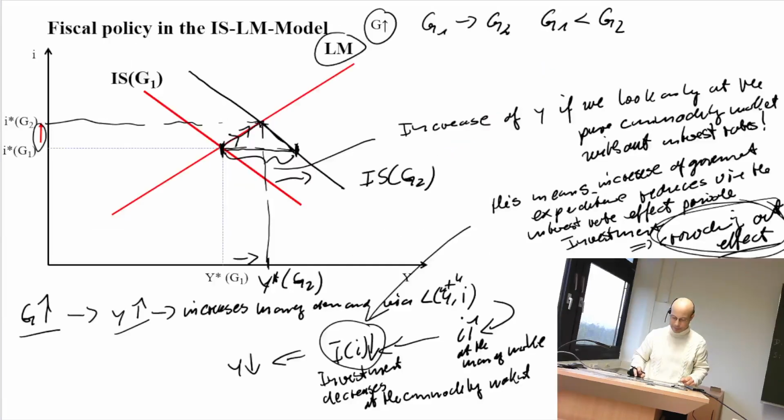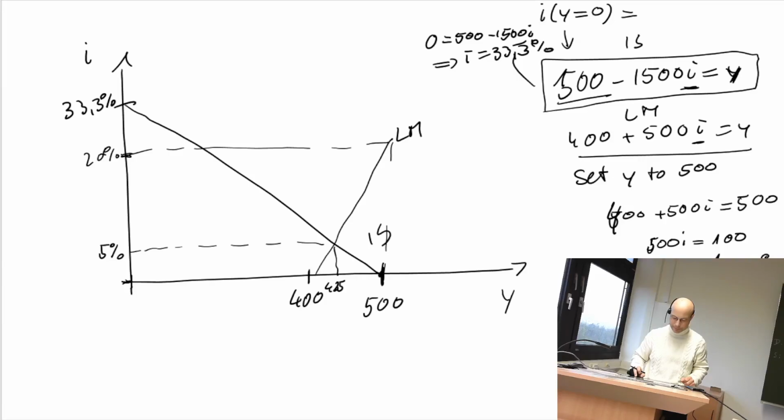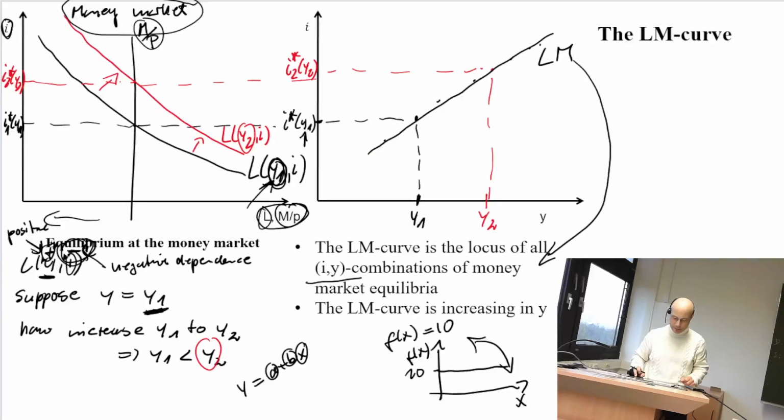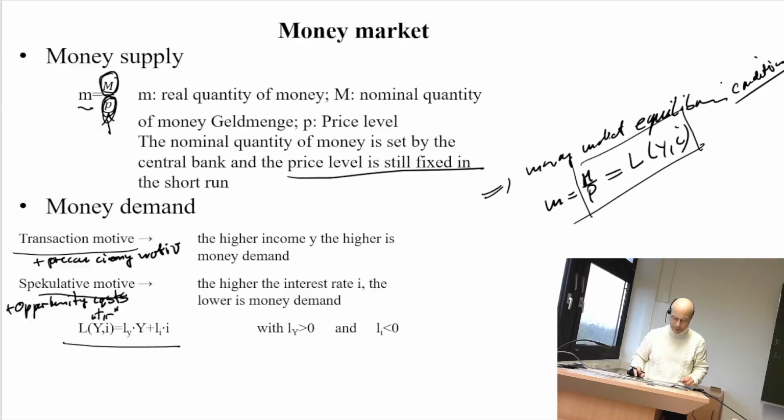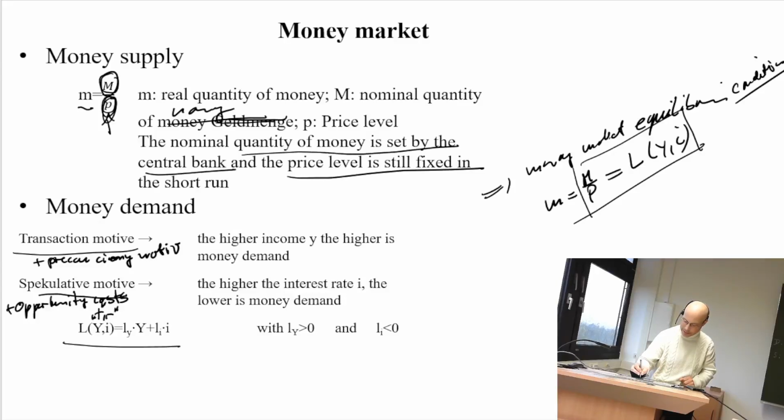And here our assumption was, amount of money, quantity of money, that this quantity of money is set by the central bank.